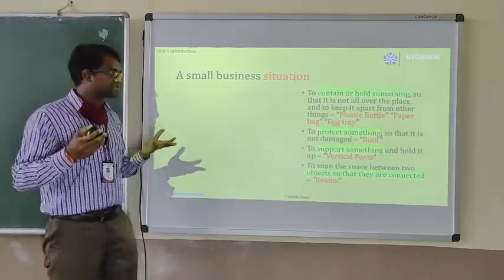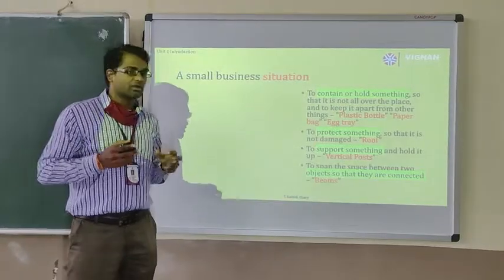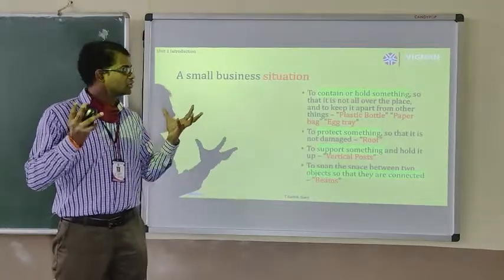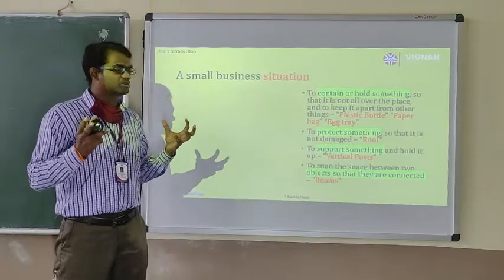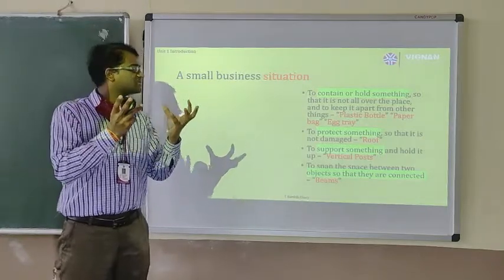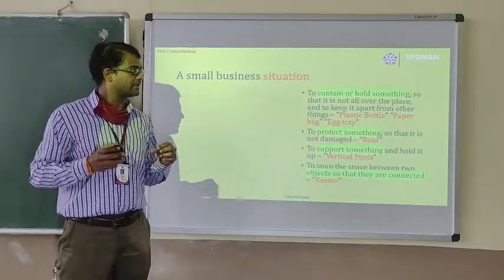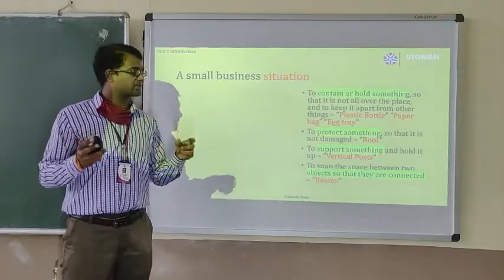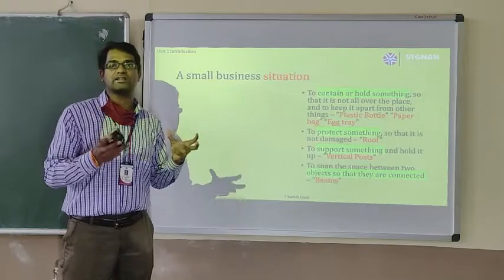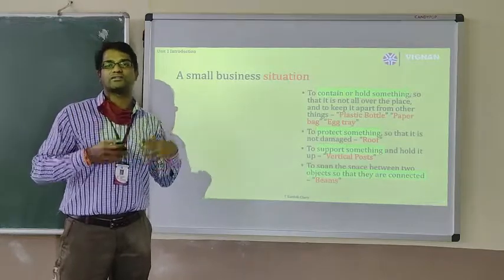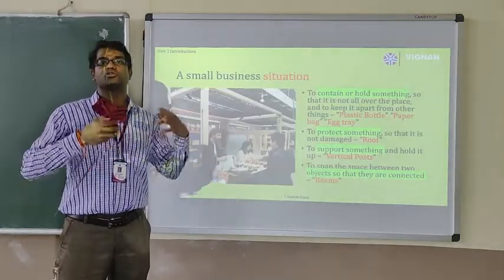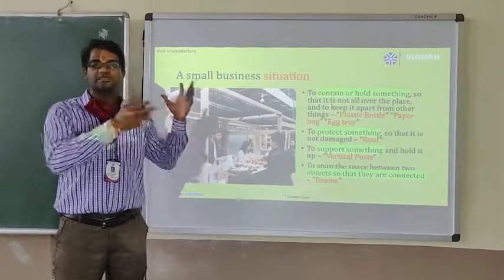So in this business situation, if I want to conclude, in order to contain or hold anything, there are structures to serve this purpose. The examples can be a plastic table, a paper bag, an egg tray. These are all structures which are used to contain or hold something. Then you have to protect something. Your stall will be there.